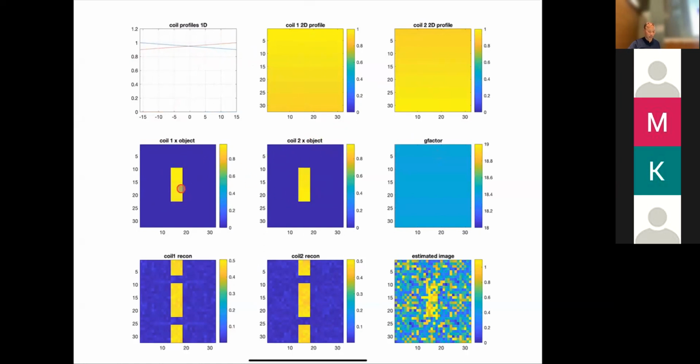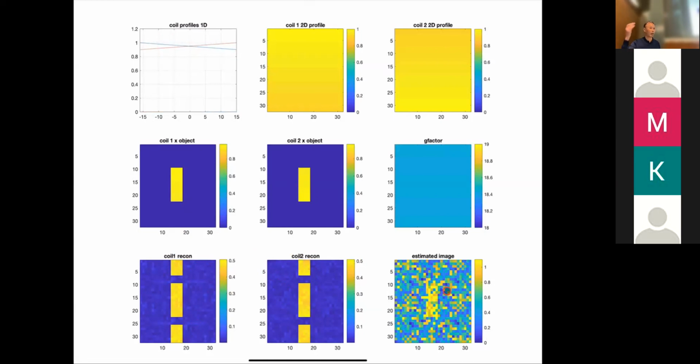With a little bit of shading, but it's hardly noticeable because there's only like a 10% reduction across the field of view. And if I do the undersampled recon and add some noise, I get these aliased images with some noise. But now the problem comes when I try to do my recon, my least squares estimate. This is what I get. And so I get a really crappy looking image.